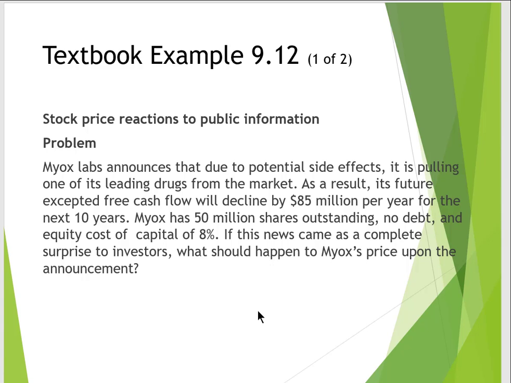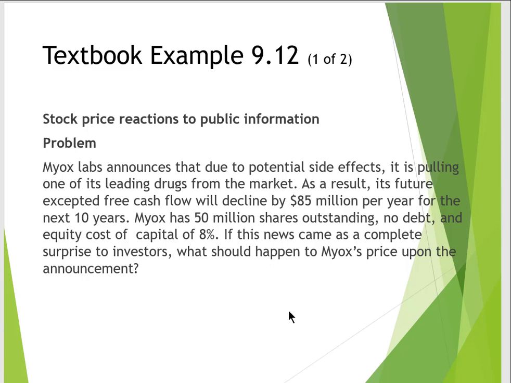Here we have an example. This company announces that due to some side effects, it's pulling one of its drugs. As a result, future cash flows are going to decline by 85 million a year because they're pulling this product from the market. They have 50 million shares and an equity cost of capital of 8%.